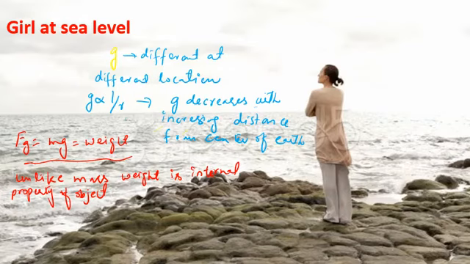So here the girl who is standing at the sea level, let's suppose her mass is 70 kg, and at sea level the value of G is equal to 9.8 meters per second squared. So what will be the weight? Weight is equal to the magnitude of the force of gravity.